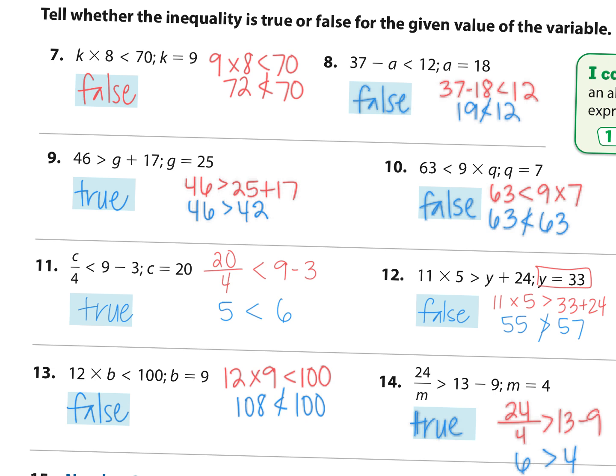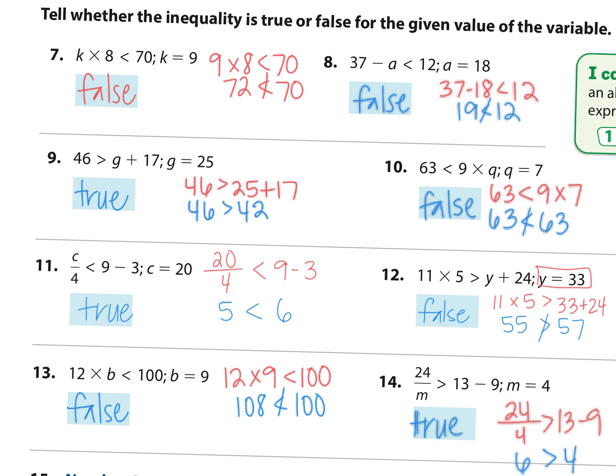Number 9, is 9 one that you did? Yes, right? Okay. Number 9, I have 46 is greater than. G is 25, so 25 plus 17, I solved that. That equals 42. 46 is greater than 42, so number 9 is true.